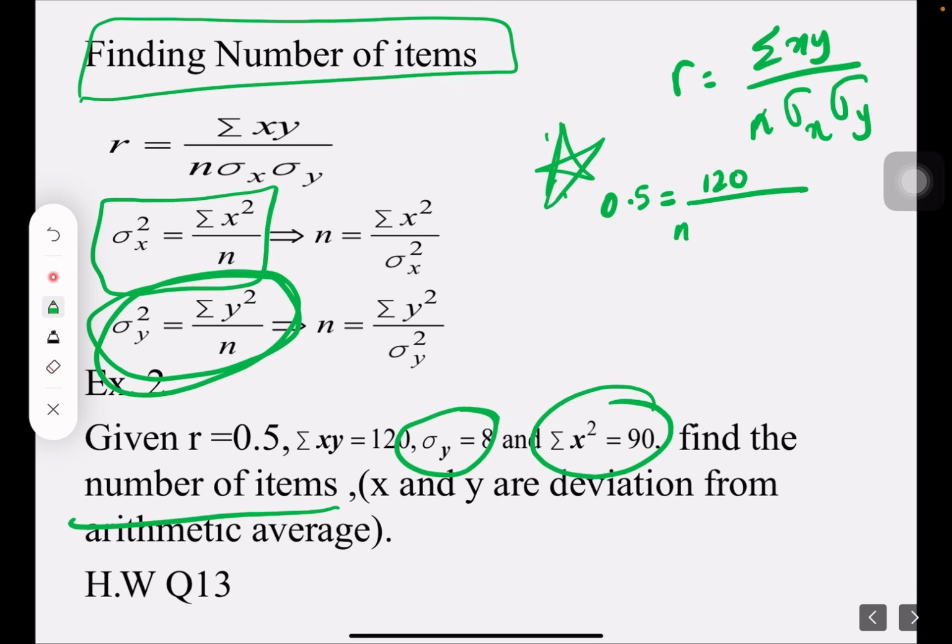Since we don't know sigma x, but we at least know the formula, this is the summation of x squared, which is 90, over n.